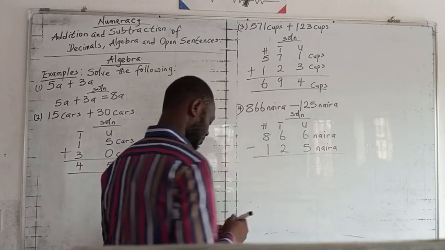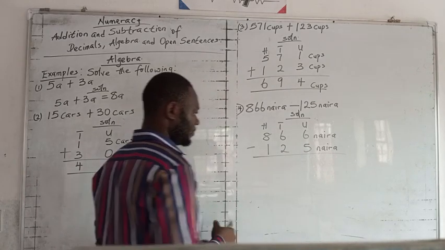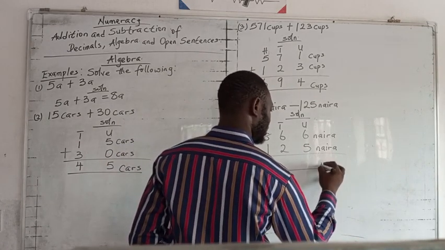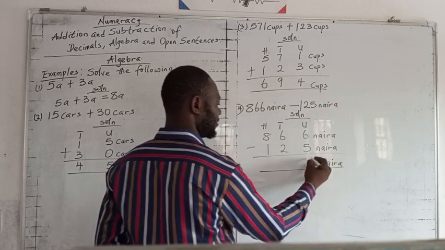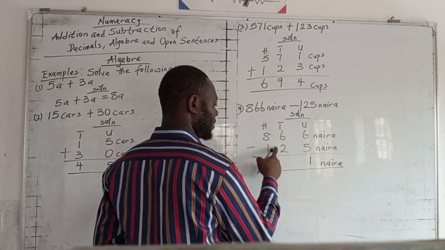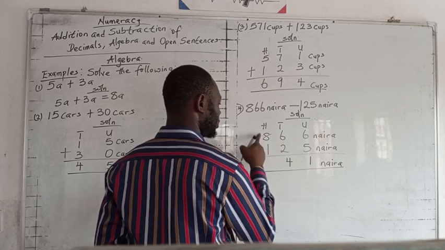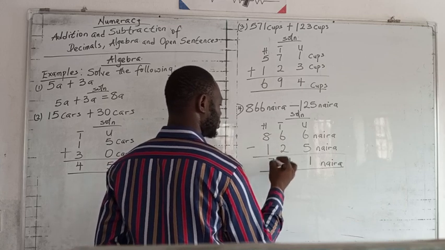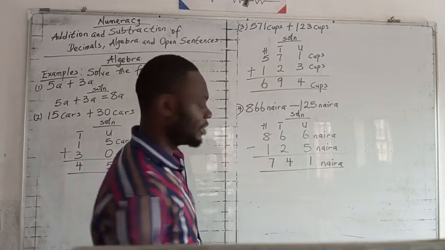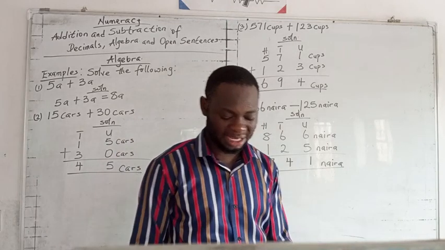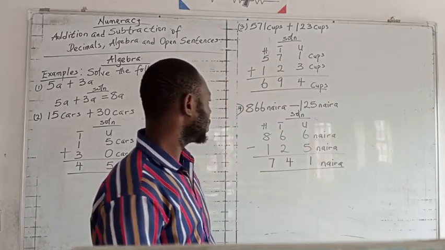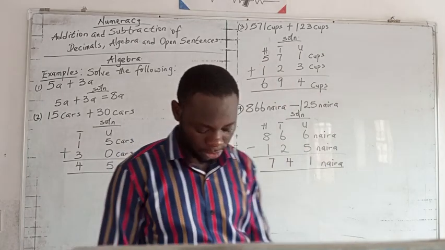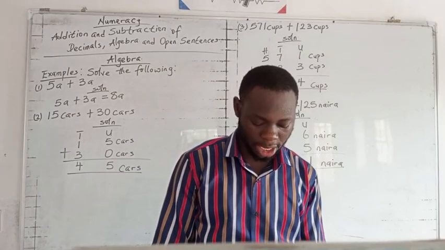Let's subtract. So same thing. Bring down the naira. 6 minus 5, 1. 6 minus 2, 4. 8 minus 1, 7. So 741 naira will be left when we subtract 125 naira from 866 naira.